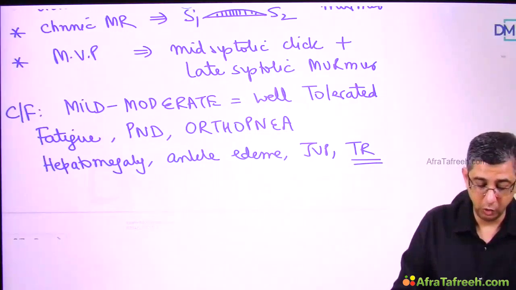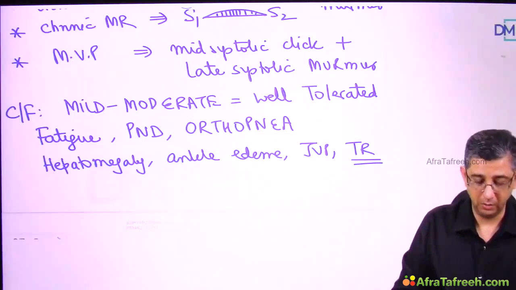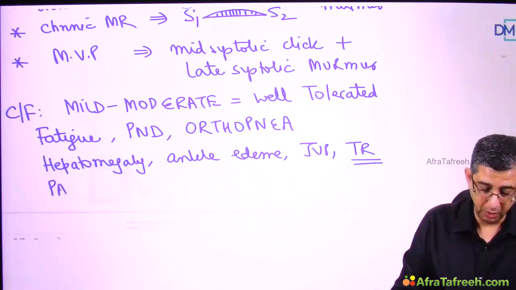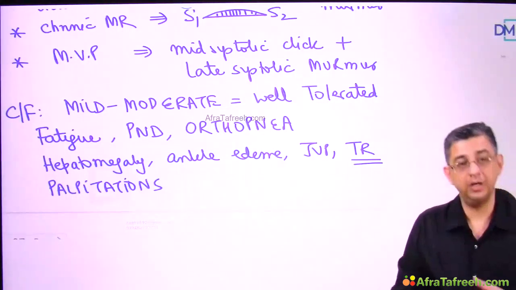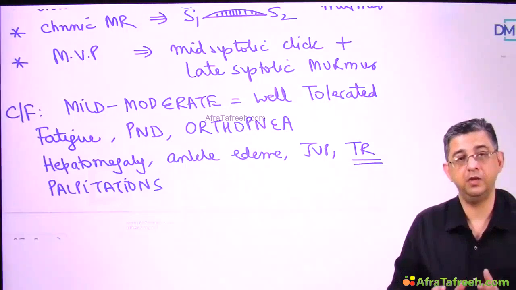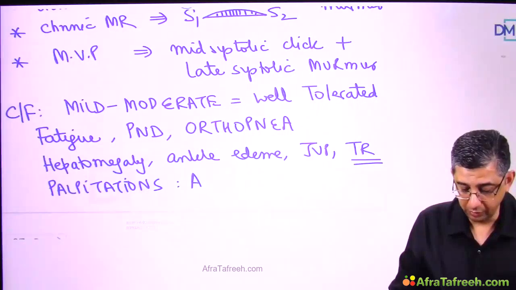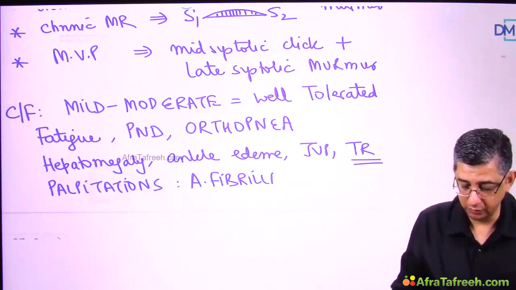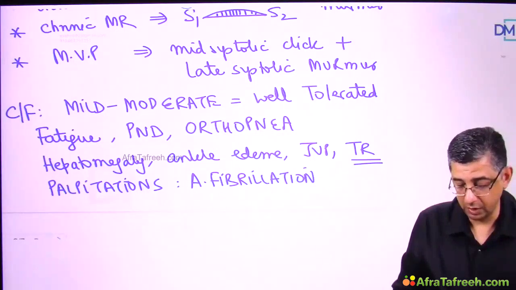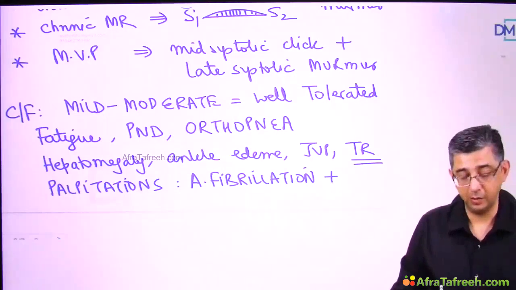In these patients, you will also be able to read regarding development of palpitations. That is because the left atria is structurally dilated. The dilated atria will start developing atrial fibrillation, and therefore anticoagulation in these patients will be required on the basis of the CHA2DS2-VASc score, because otherwise embolic stroke manifestations could occur in the patient.